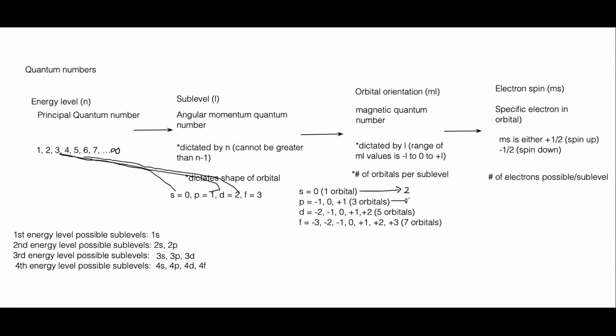There's a possibility of 6 electrons in the p sublevel. There's a possibility of 10 electrons in the d sublevel. And there's a possibility of 14 electrons in the f sublevel.